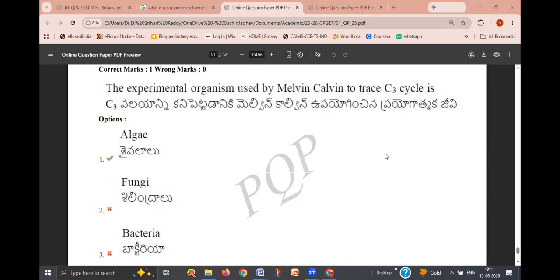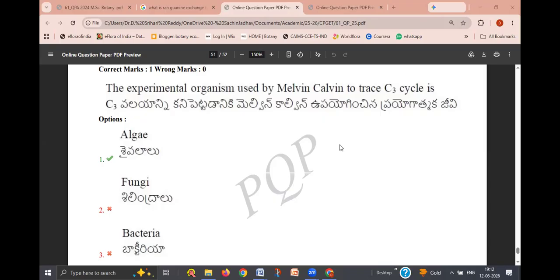We already discussed that the first product of the C3 cycle is 3-PGA, that means 3-phosphoglyceric acid, a 3-carbon compound. So this cycle is called the C3 cycle. And Rubisco is the enzyme involved in the first reaction, the carboxylation reaction. Rubisco is the most abundant protein.